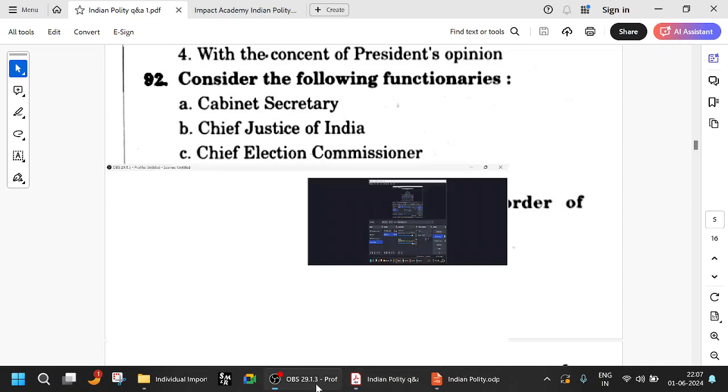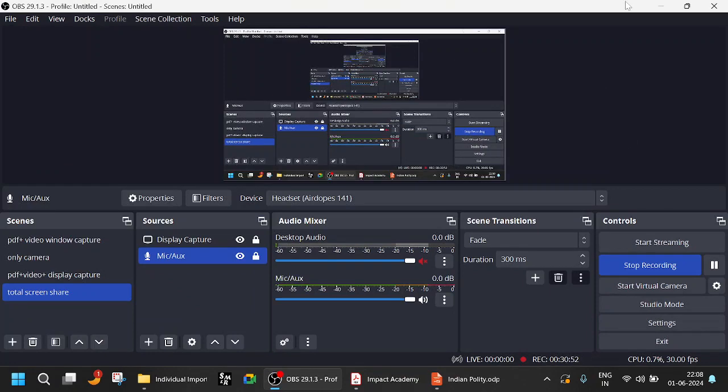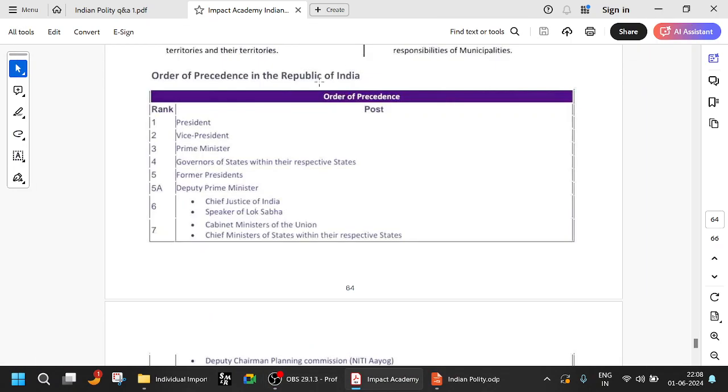So let us also look at the order of precedence. The order of precedence is: first one is President, followed by Vice President, then Prime Minister, Governors of the states, former Presidents, Deputy Prime Minister, and then the sixth position is Chief Justice of India and Speaker of Lok Sabha.